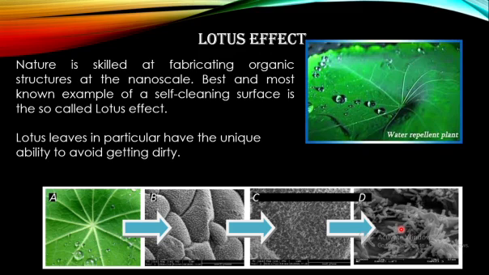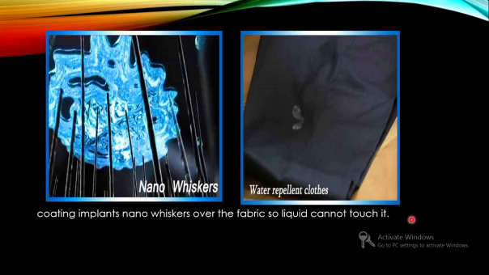So what will happen whenever a drop falls on the leaf surface, it will get rolled up. It will not be touching the leaf surface as such, but it will be rolled off or rolled down into spherical droplets due to the presence of these fibrils, which are in the nanometer dimension.